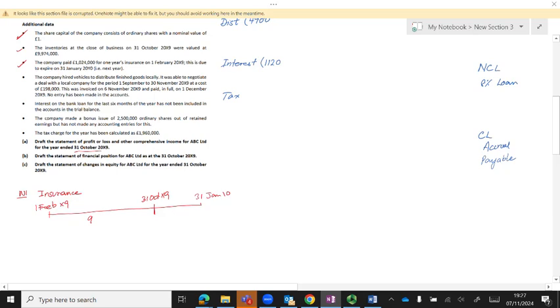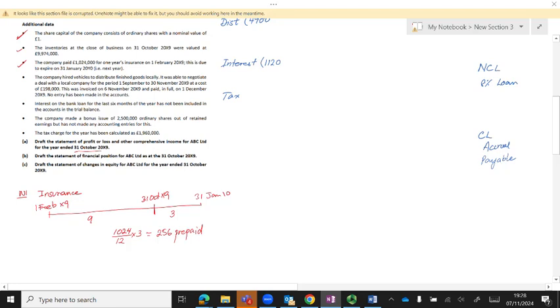And the 3 months fall in the next period, which means that of the 1,024 we have paid, 3 months belongs to the next period, so it's a prepayment. And the amount is 256 prepaid.